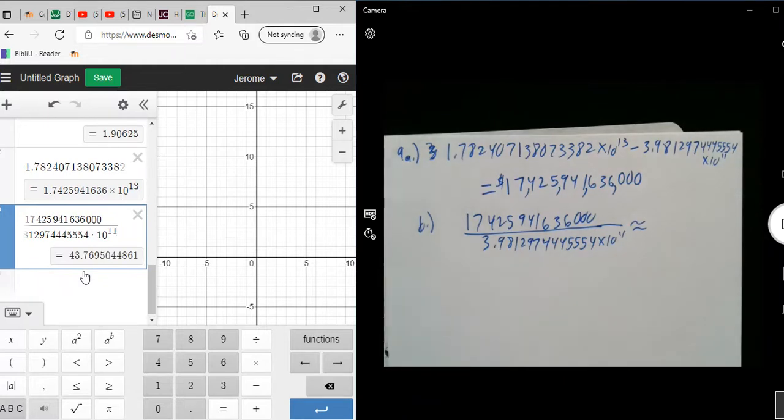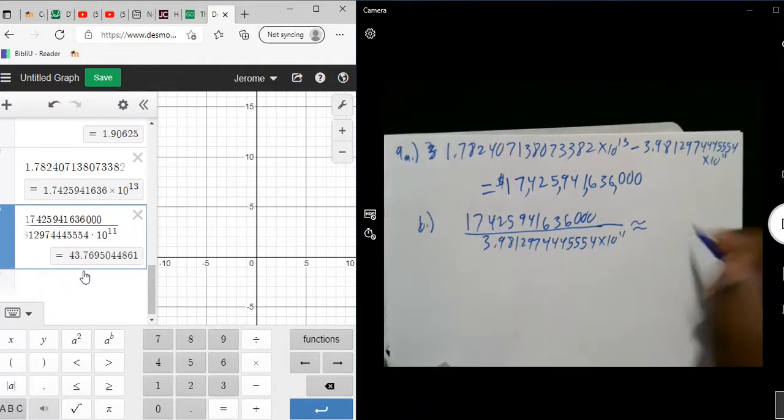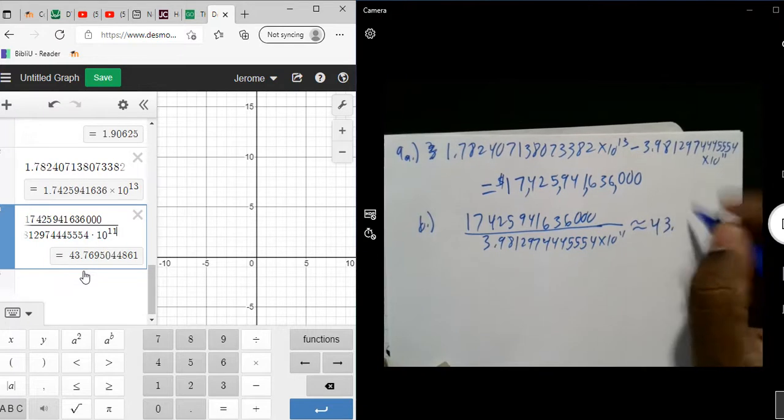So they said round to the hundredths place. So it's 43.77.